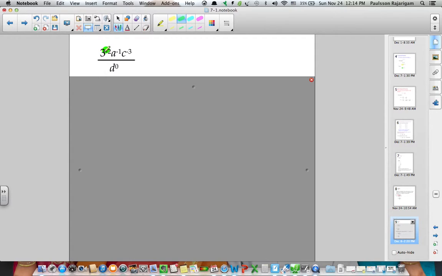I have to target that because that's negative. I'm going to target that because the exponent is negative. I'm going to target this also because the exponent is negative. And I'm going to target this because I have a 0 exponent that needs to be simplified.